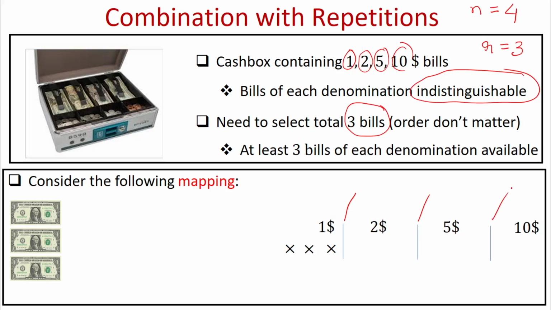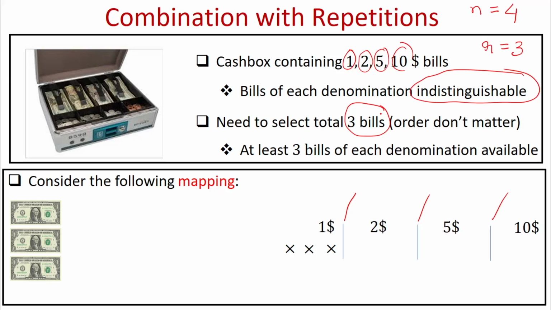Now suppose I pick bills of $1 in three numbers. Remember, my goal is to pick three bills in total. So one way of doing that is I pick three $1 bills.